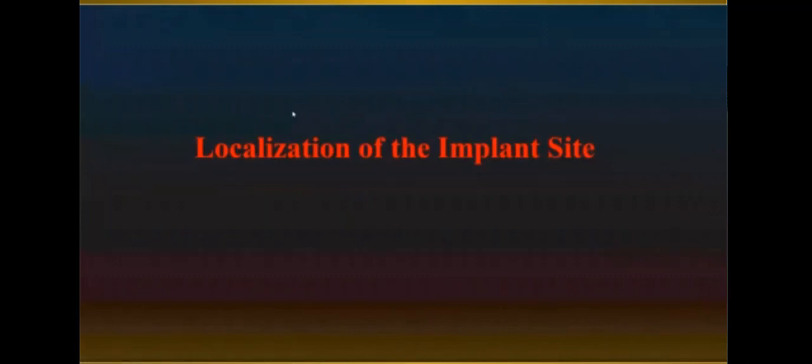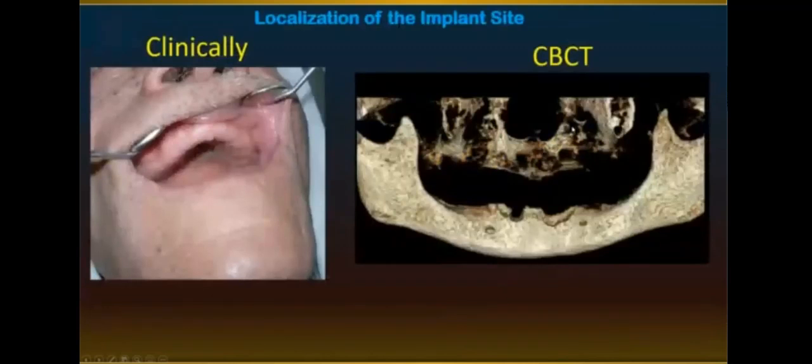Okay, now there is something very important which is called localization of the implant site. And we need this localization especially in long edentulous span or full arch cases. For example, here this patient is totally edentulous. This is clinically the patient is totally edentulous, and this is the CBCT.